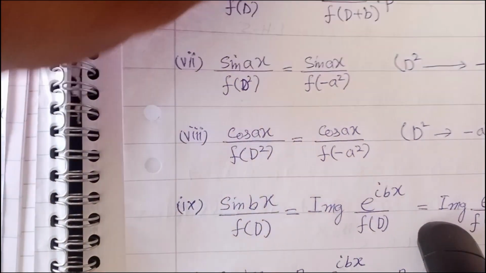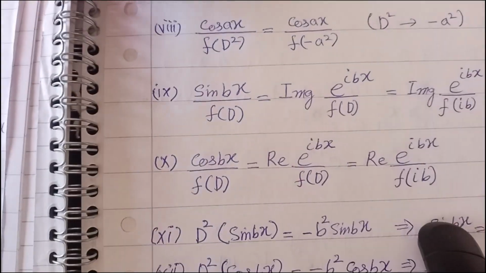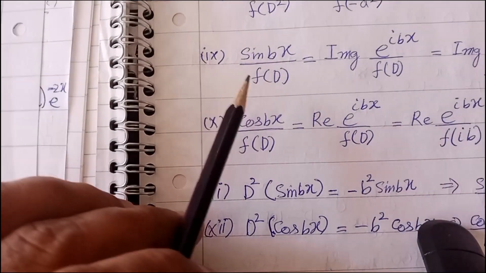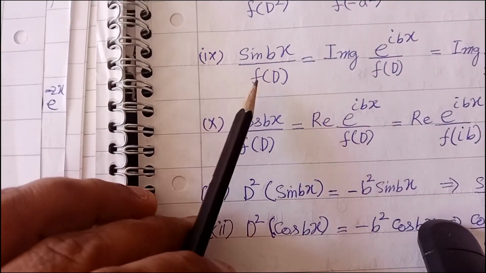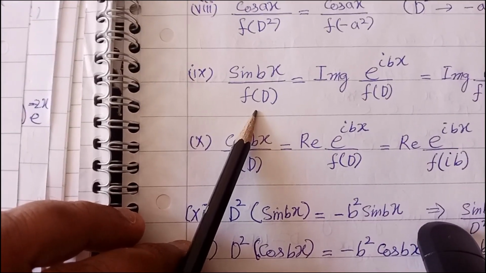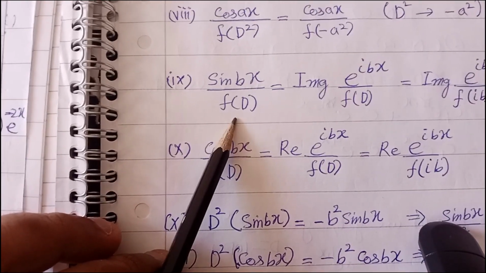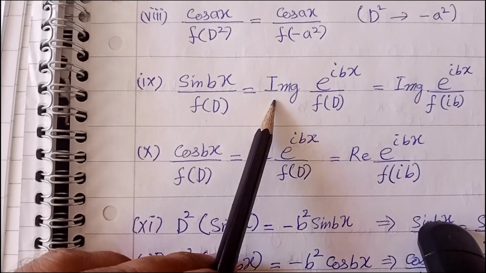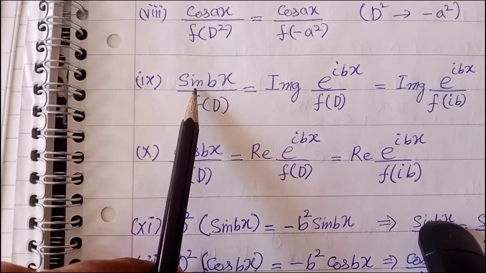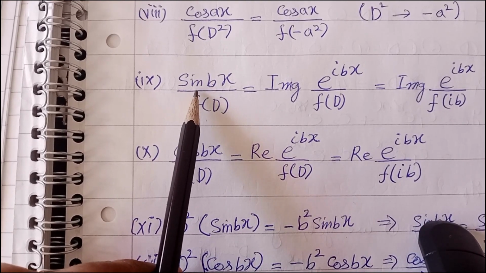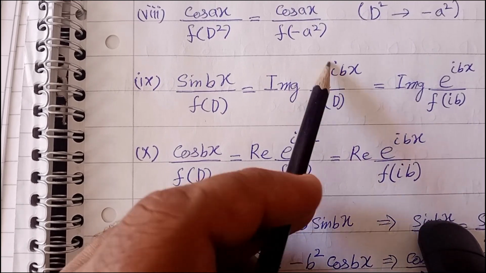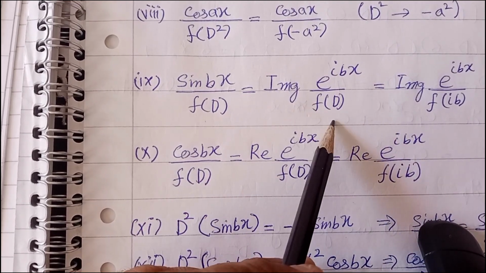Now the next case is when we have sine bx upon f of d, not d square. You have to remember that in that case we write the expression differently. Sine is the imaginary part of a complex number, so we can write it as the imaginary part of exponential iota bx upon f of d.